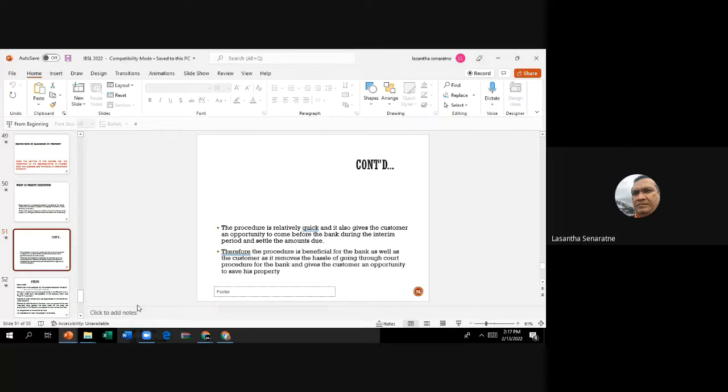Therefore, the procedure is beneficial for the bank as well as the customer, as it removes the hassle of going through the court procedure for the bank and gives the customer an opportunity to save his property. So you're giving a lot of options for the customer to save the property, but in certain instances, customers, they don't take the advantage out of that.